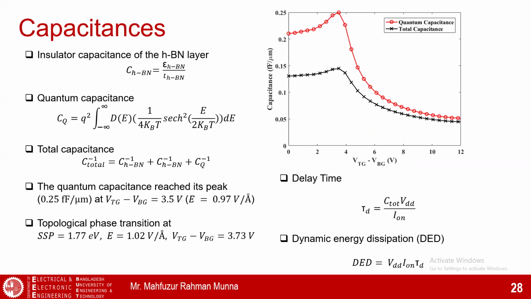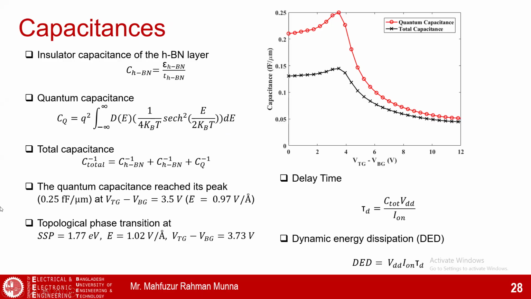Next, I have also calculated the important device parameters, for example, quantum capacitance, and then delay time, and then dynamic energy dissipation. So for calculating the total capacitance, I have taken some approximation. I calculated the insulator capacitance by using the simple equation of a parallel plate capacitor, and the quantum capacitance of the channel by employing this formula.